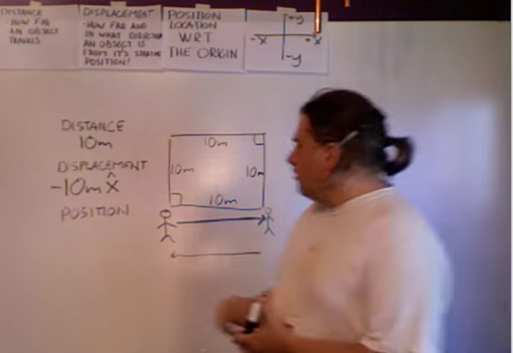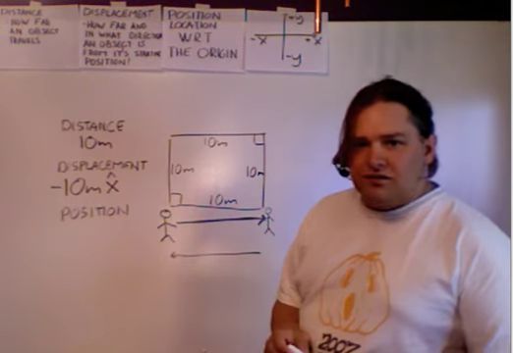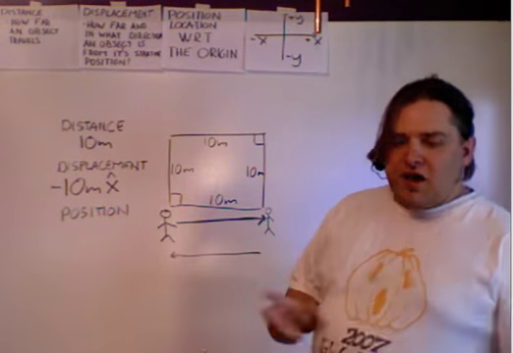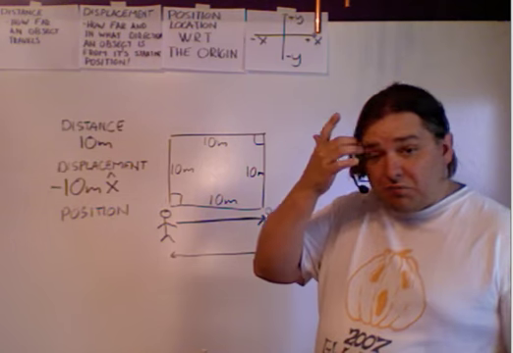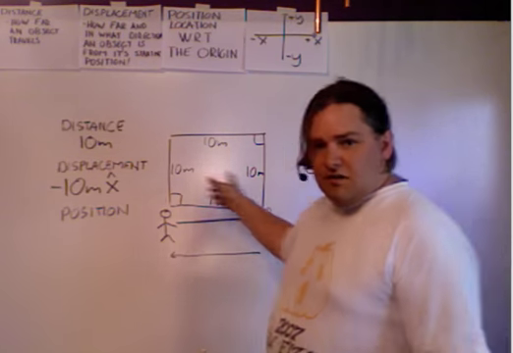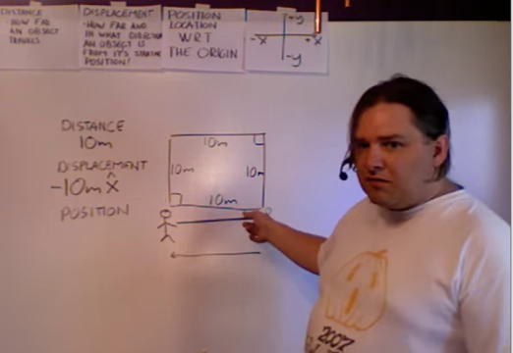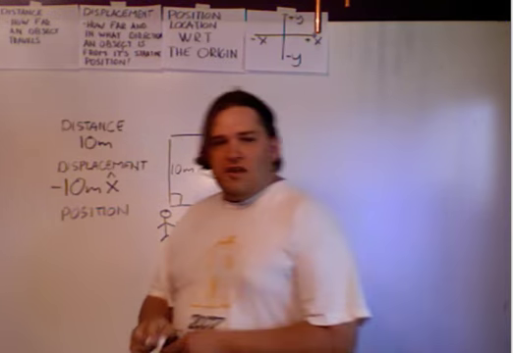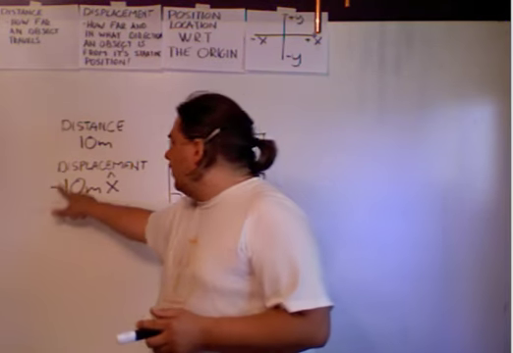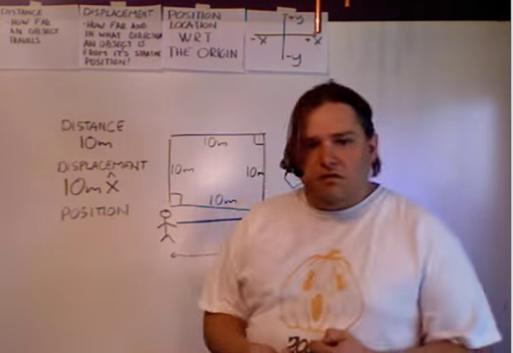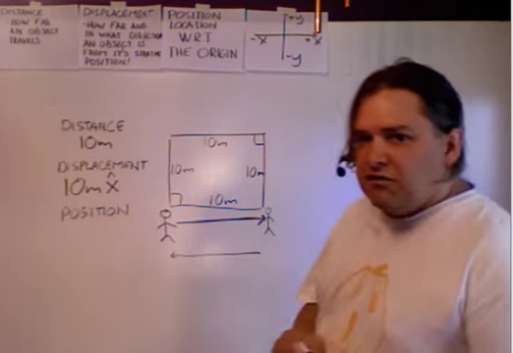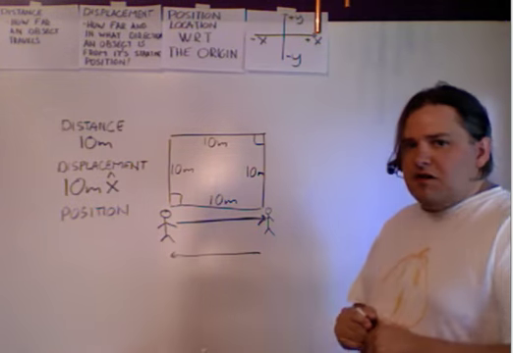The way we express that is simply to put a negative on the other side. If I were to talk about the opposite of it, all I have to do is slap a negative in front of it. Really nice tool for mathematics. So that's the object's displacement, 10 meters in the x direction.